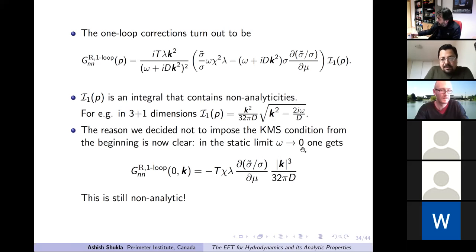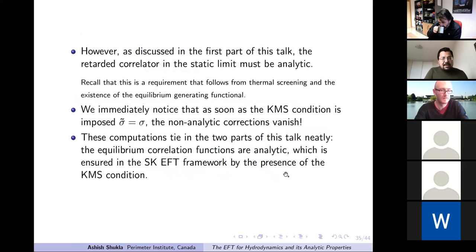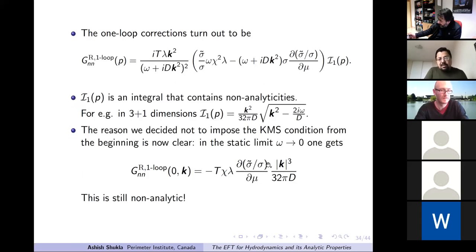Okay, very interestingly, it still continues to be non-analytic, so it has a mod vector k cube dependence. But notice that if I set the KMS constraint, which I mentioned basically amounts to saying that sigma tilde, the strength of my noise fluctuations, is actually equal to the conductivity sigma.